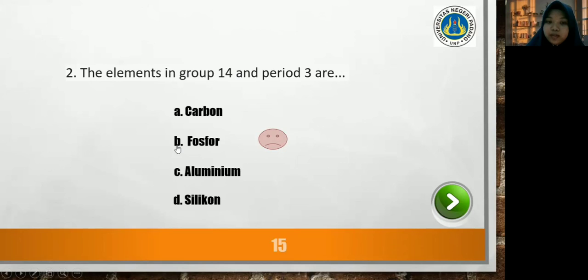Okay, next we try option C. Okay, this is false too. And next we can see option D. Yes, this is the correct answer for the second question.